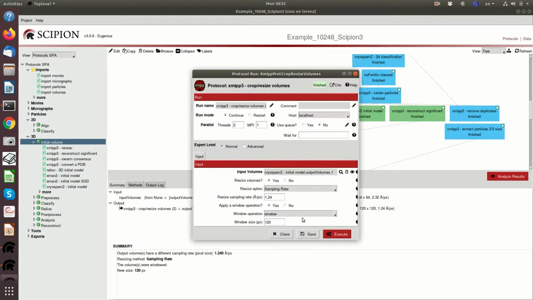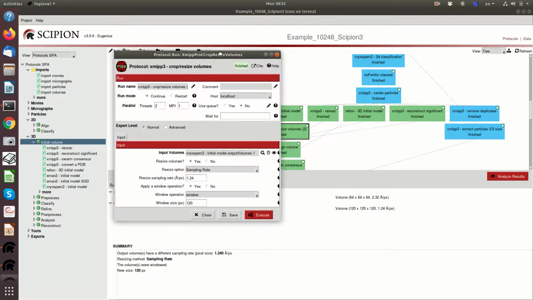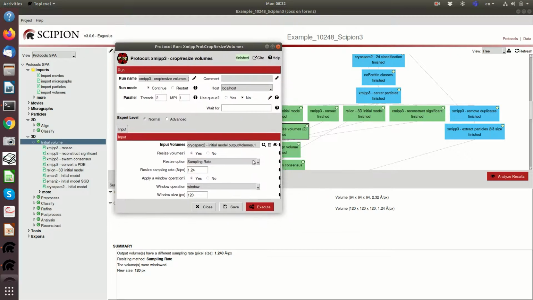For resizing, you take the input volume and change the sampling rate from 2.32 to 1.24, and the box size is automatically determined, but sometimes there is a 1 pixel error.